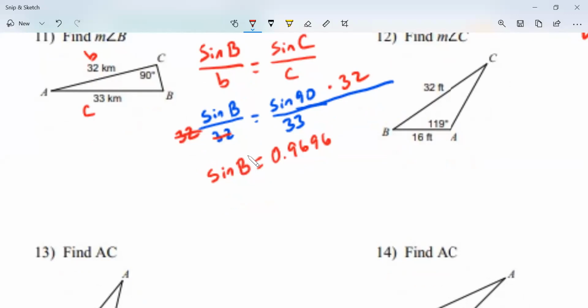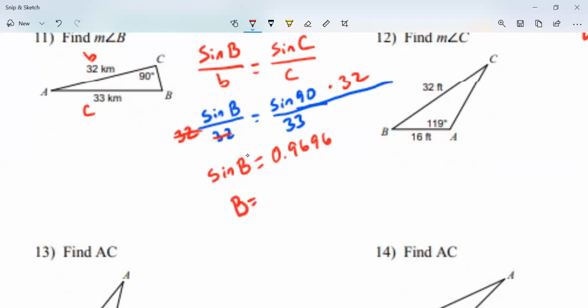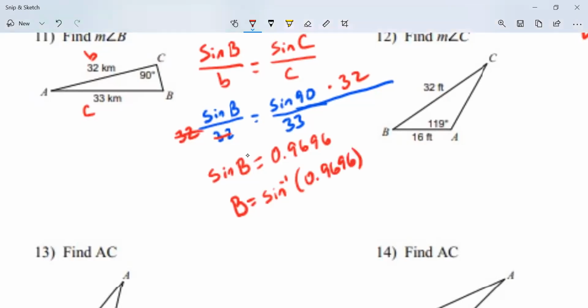If I know the sine of B equals 0.9696, I'm gonna say angle B is equal to the sine inverse of 0.9696. Remember, we learned the inverse. Some people call it arc sine.